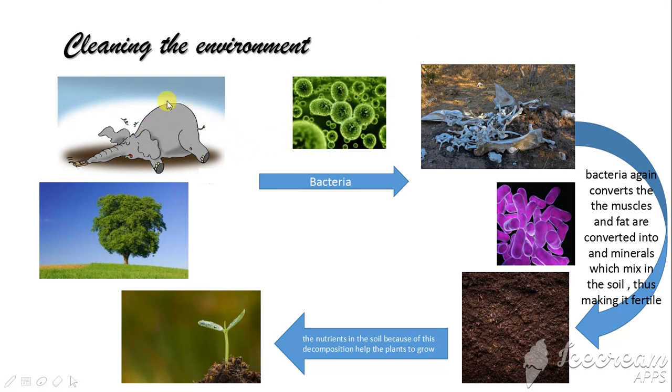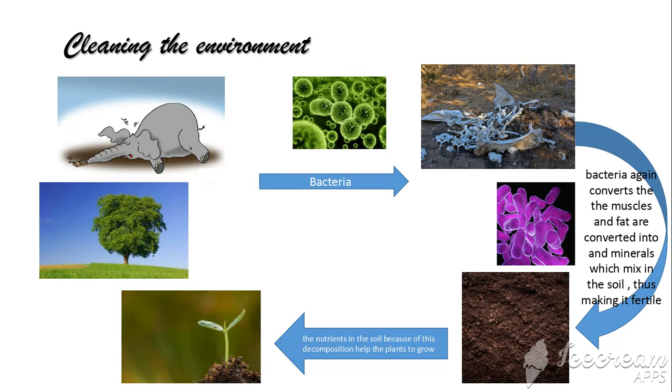and soft parts of the elephant, for example, which we have taken, into nutrients which mix into the soil. The bones are the only things left, but afterwards, after many years, even the bones get decomposed by the bacteria and they mix into the soil. What happens then?